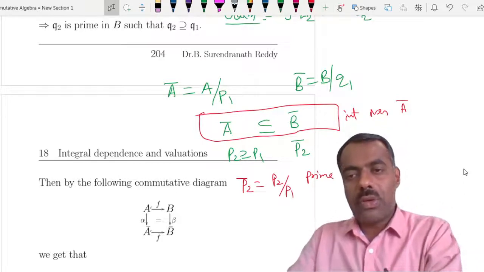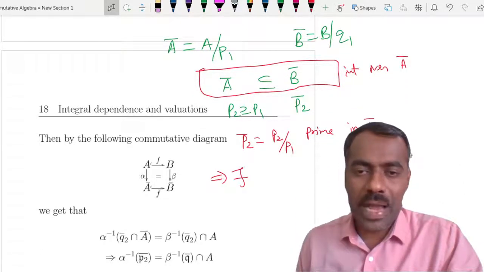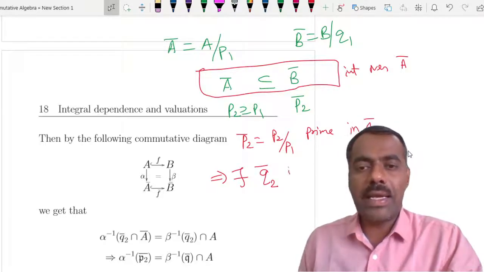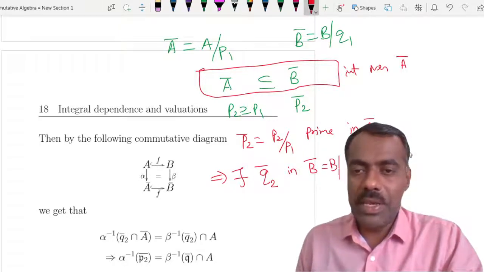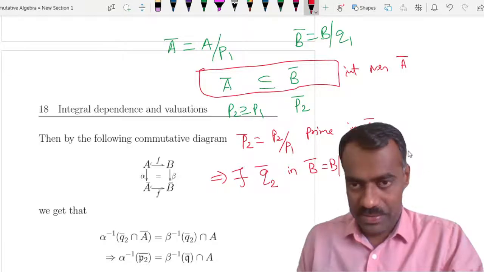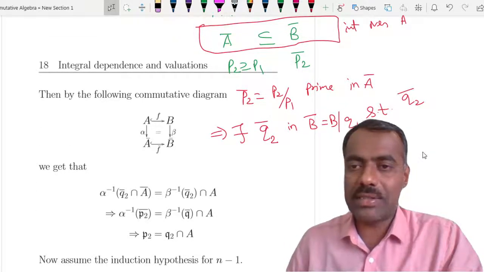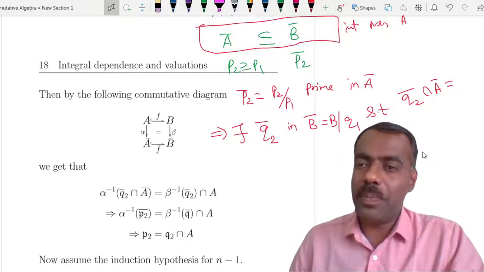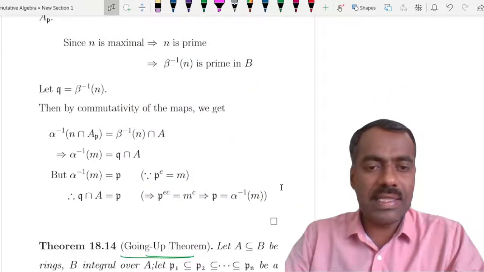This implies there exists a prime ideal, call it Q2 bar, in B bar, which is B upon Q1, such that the contraction of Q2 bar, that means Q2 bar intersection A bar, is nothing but P2 bar.